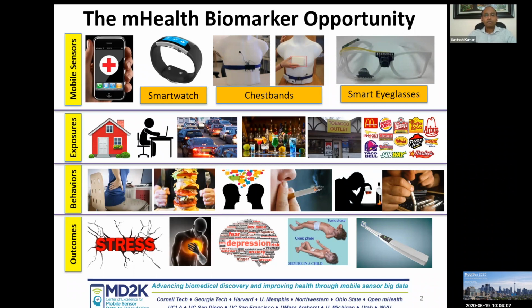And interestingly, we can use these very same sensors also to measure some of the outcomes. And so measuring all these three together, all on the same platform concurrently, at a fine granularity of time, makes it a very powerful tool.